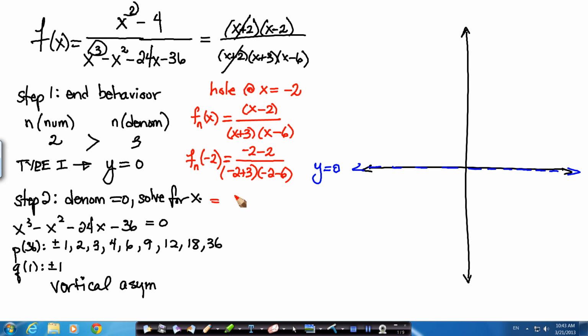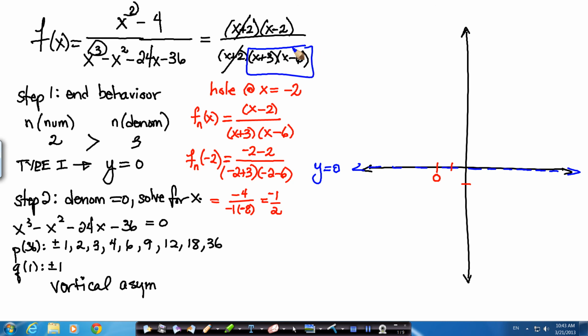So we end up with a negative 4 on the top, and then negative 1 times negative 8 on the bottom, which is negative 1/2. So that means we have a hole at negative 2, negative 1/2.